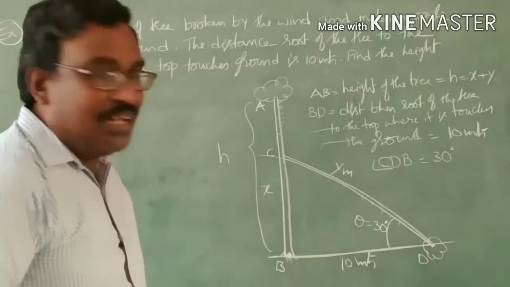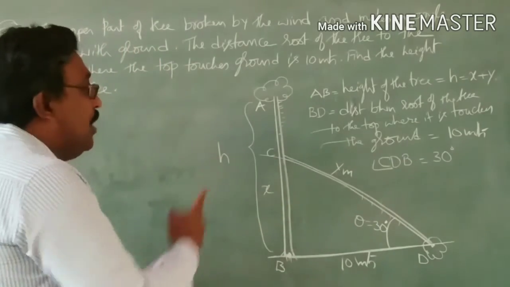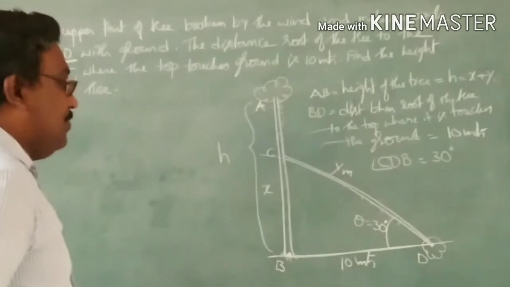Angle CDB is equal to 30 degrees. Now we need to find out what is the height of the tree.